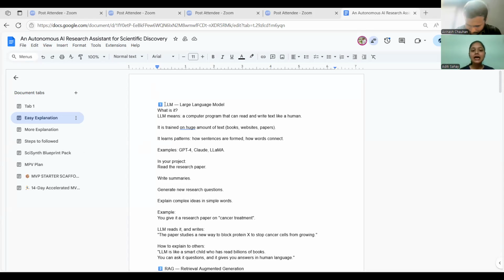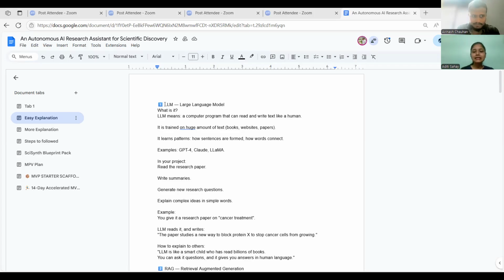So LLM is large language model. You know what is LLM? I'll tell you. This particular algorithm will help you to predict something. What it does is, when we insert some big data, it will read that data and it will write text like a human. Let's take an example of email.